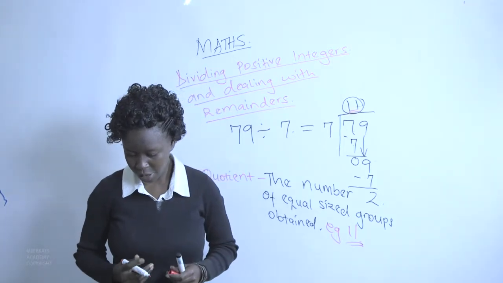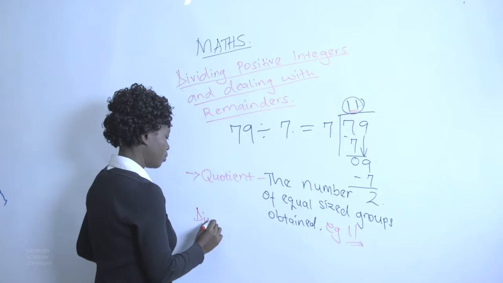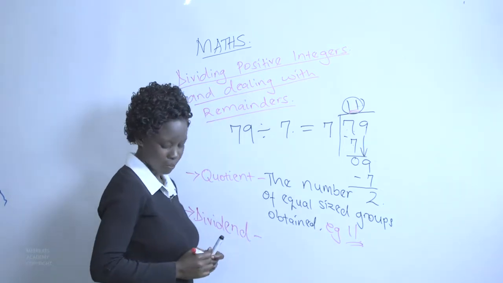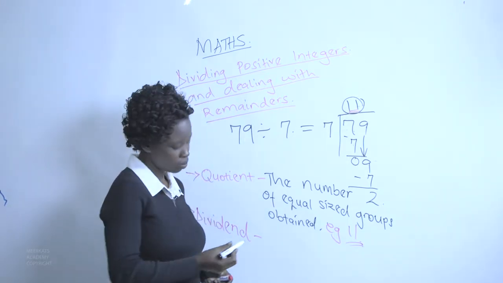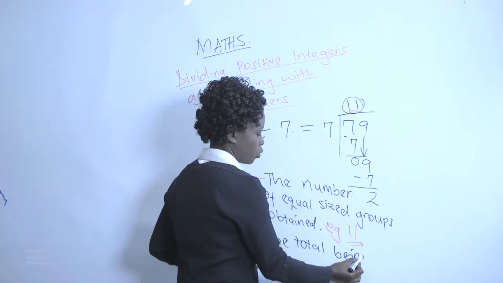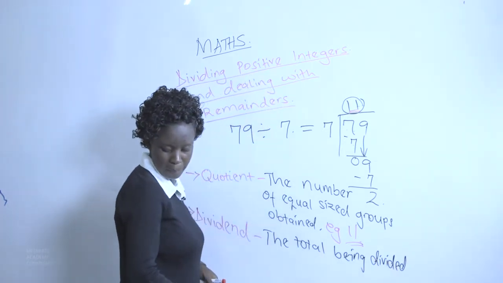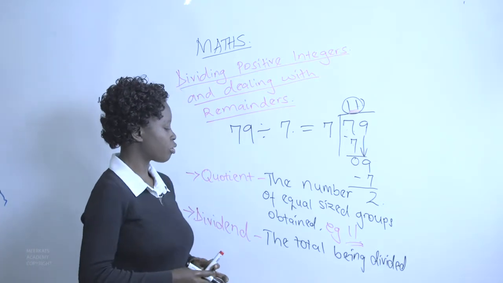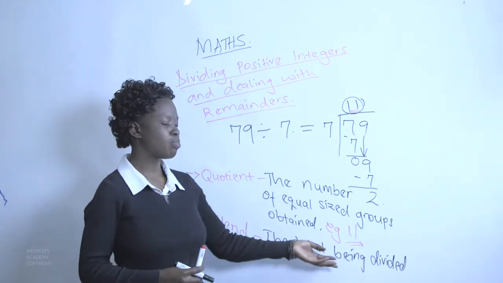Then the next term that we need to look at is what is known as the dividend. We define the dividend as the total that is being divided.